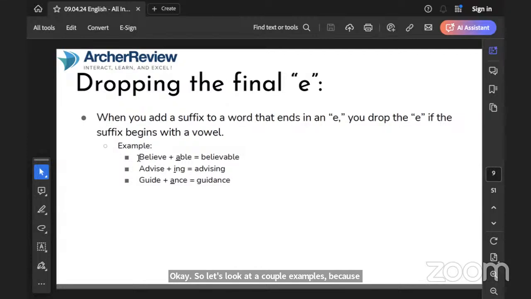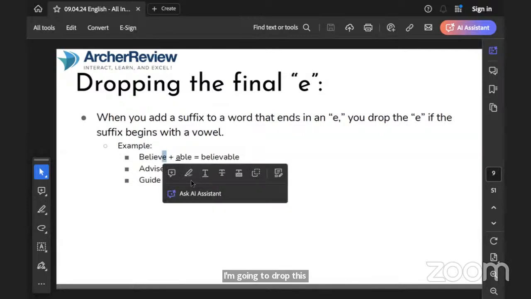So if I had the word believe and I'm going to add on the suffix, remember a suffix is what you add on to the end of a word to change the meaning of it. So if I add the suffix able, because the E is right here at the end of believe, and my suffix is going to start with an A, able, I'm going to drop this final E right here.